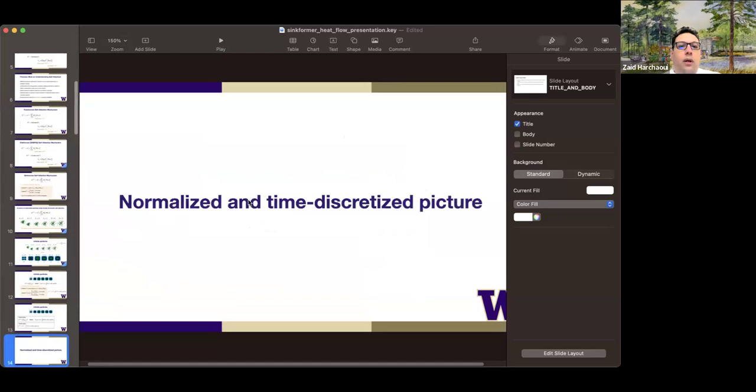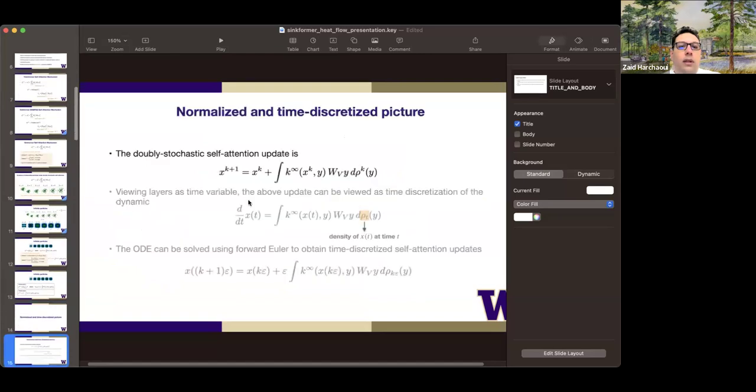Okay, so now what we want is to write this as a dynamical system or as an evolution. So if we take this recursion formula and we want to write it as a differential equation, what we need is to define a continuous sequence of measures, rho t.